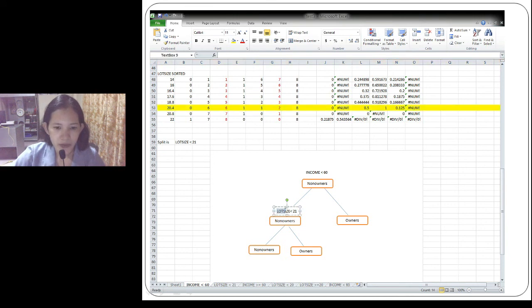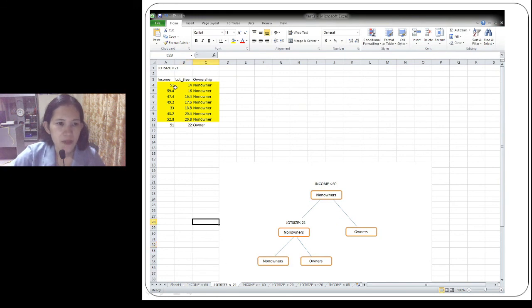Next, we'll find another way to split: what's the next node under lot size equal to 21. So in the next sheet, we have the records from the previous sheet, and we highlighted those whose lot size is 21. These are the only records that we will use in the computation of the GINI and entropy.